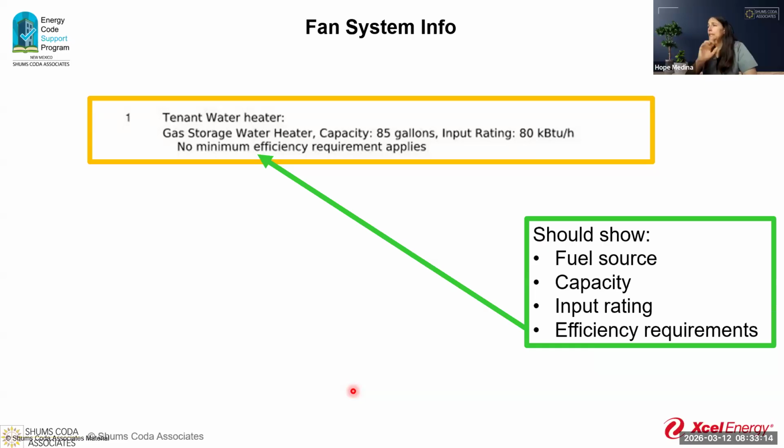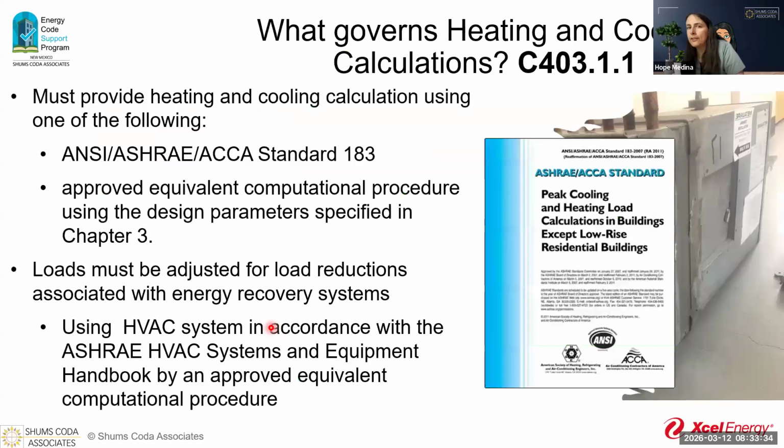Does anybody have any questions before we move to the fun and exciting heating and cooling load calculations? All right. Well, I'm going to go ahead and move to our heating and cooling load calculations.